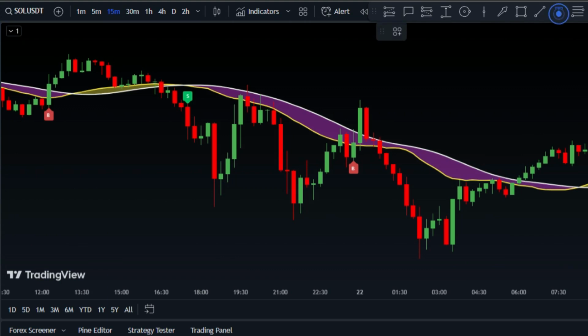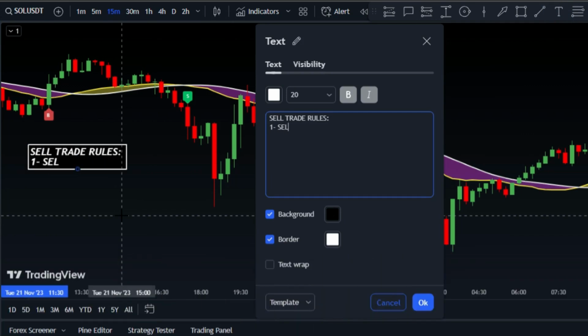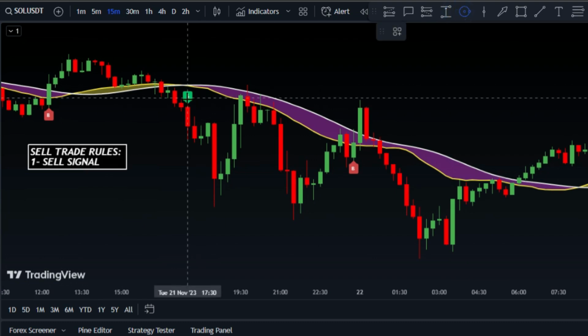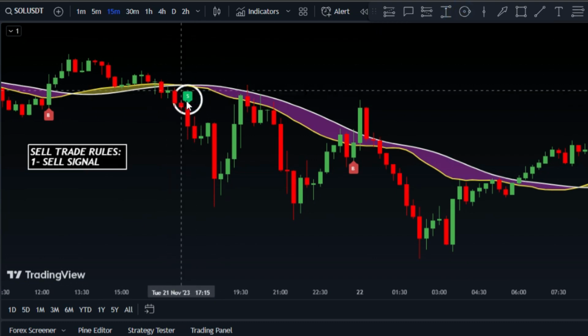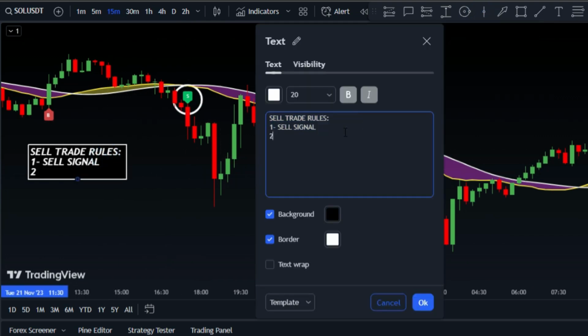Now let's talk about the sell trade. The rules are a bit different. First, we need to wait for a sell signal from our faithful L1 buyback indicator. But hold your horses, we're not quite ready to enter the trade yet.